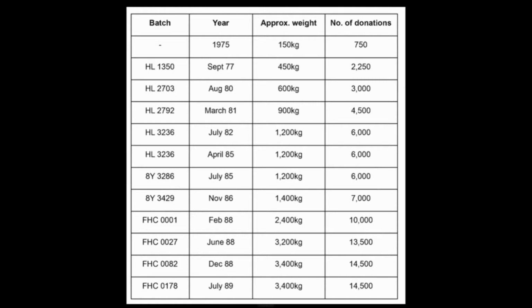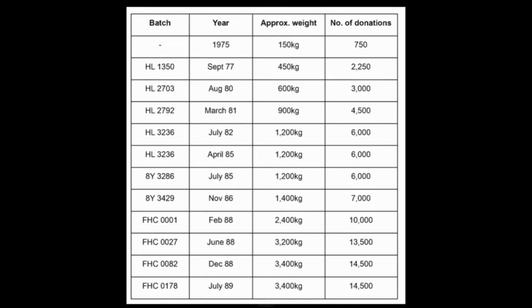July 1985 is the next figure in the table. That is again said to come from an approximate weight of 1,200 kilograms and 6,000 donations. That is for 8Y. In November 1986, 8Y is again the batch code. The donor pool has gone up to 1,400 kilograms, or 7,000 donations by this time.